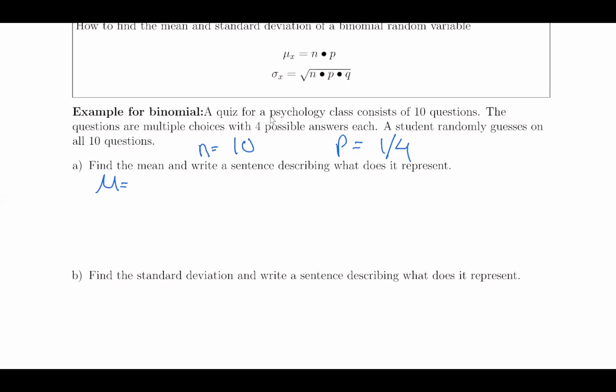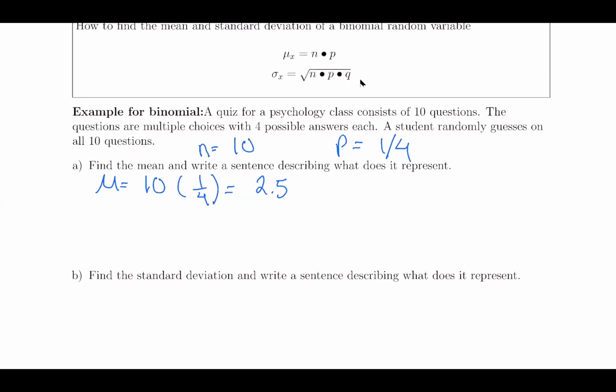Our mu will be 10 multiplied by 1 out of 4. If you do that math, it should give you 2.5. Everybody got 2.5 for the mean?